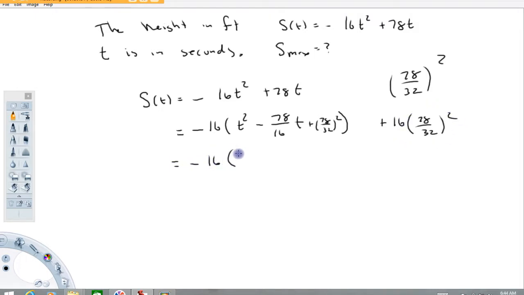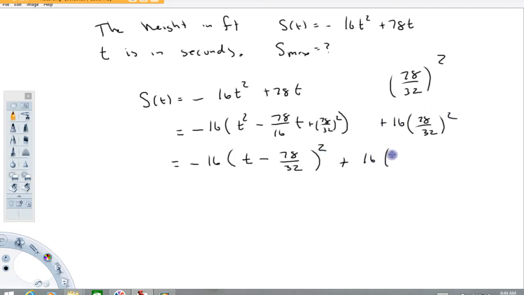Now this thing by design is equal to t minus 78 over 32, quantity squared, plus whatever this is.